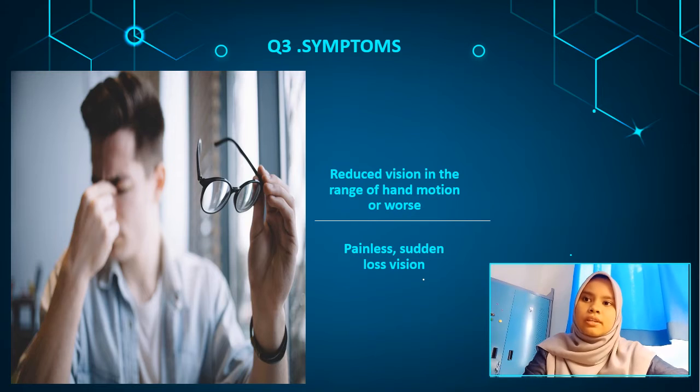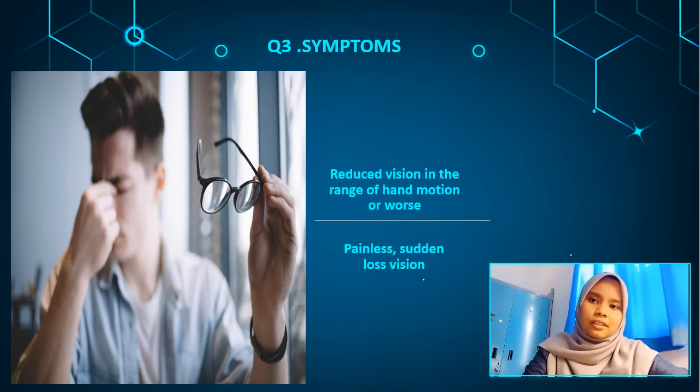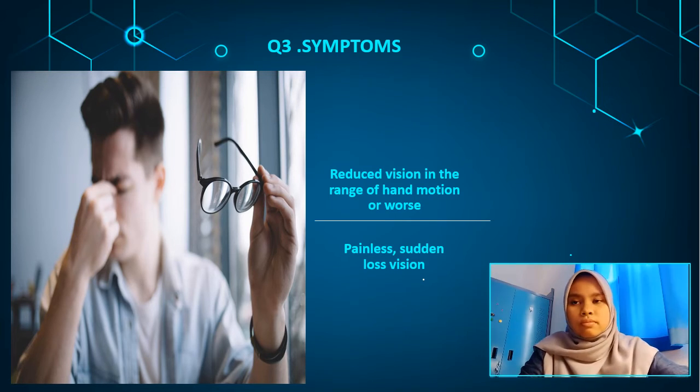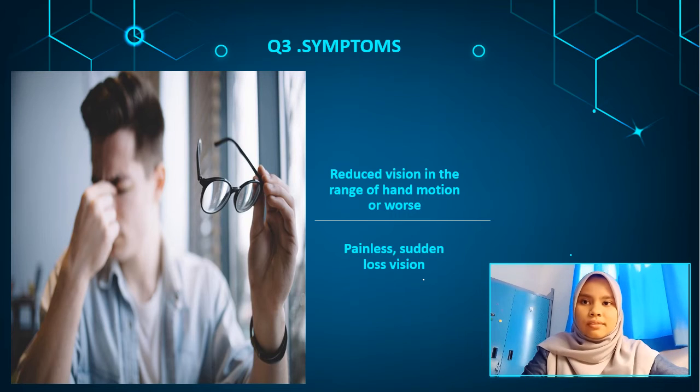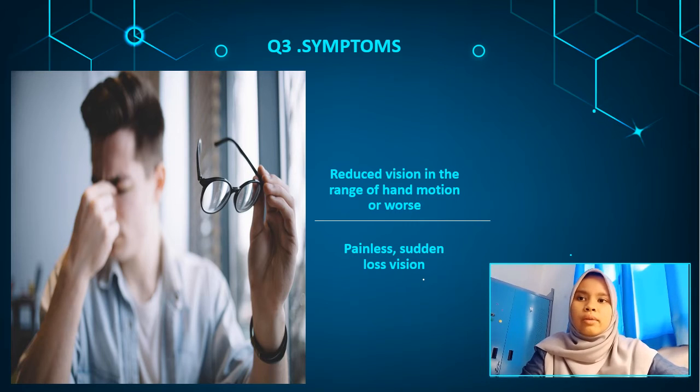Thus, the patient experiences sudden vision loss in one eye, which is his left eye, as the eye does not get sufficient blood supply from the central retinal artery. From these two symptoms, we know that the patient can only see when doing hand motion, as his vision has reduced.